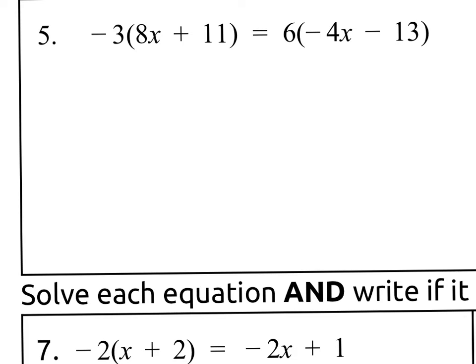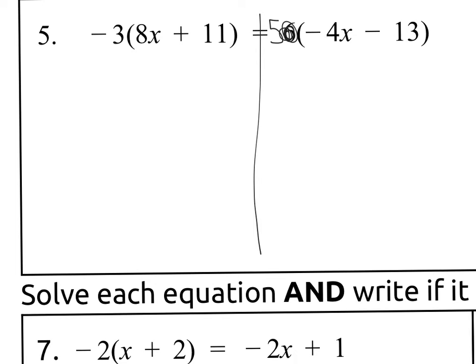Okay, so number 5, we have a lot going on. On number 5, we have -3 quantity 8x plus 11, and then over to the right, you should have 5 quantity -4x minus 13.